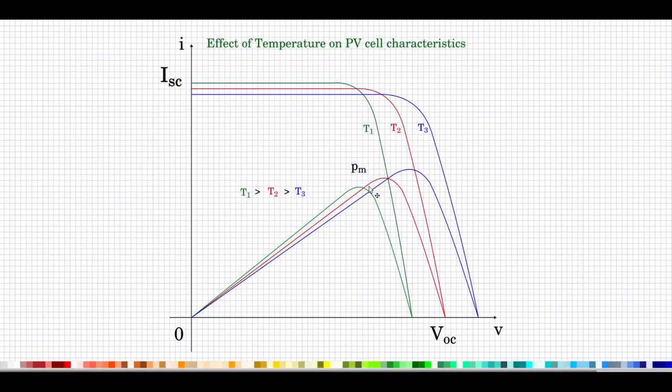So as the temperature is increasing, the peak powers reduce like this. This is also corroborating what we just studied, that VOC decreases with increase in temperature, ISC, short circuit current, increases with temperature, and its product, the peak power, decreases with temperature.